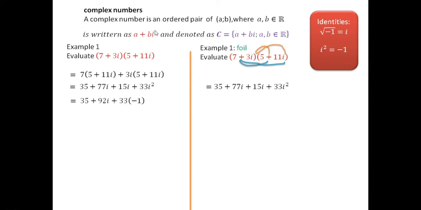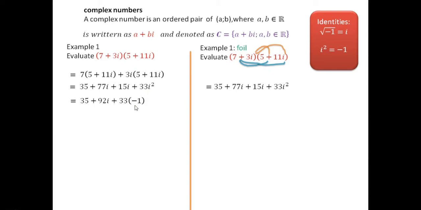Now when you add the like terms here, we will get 35 plus 92i plus 33 times -1. Where does -1 come from? From the identity i squared equals -1.